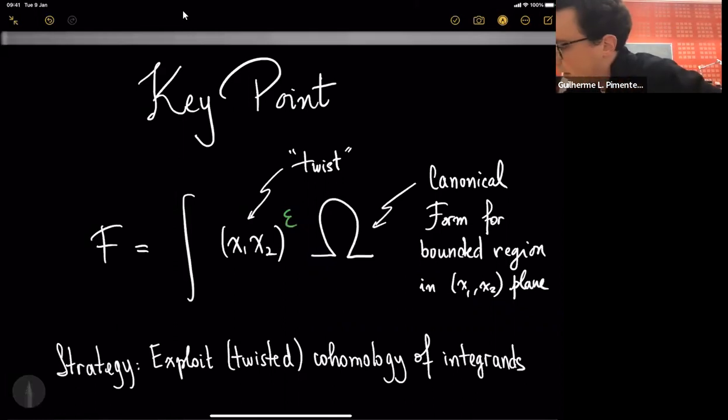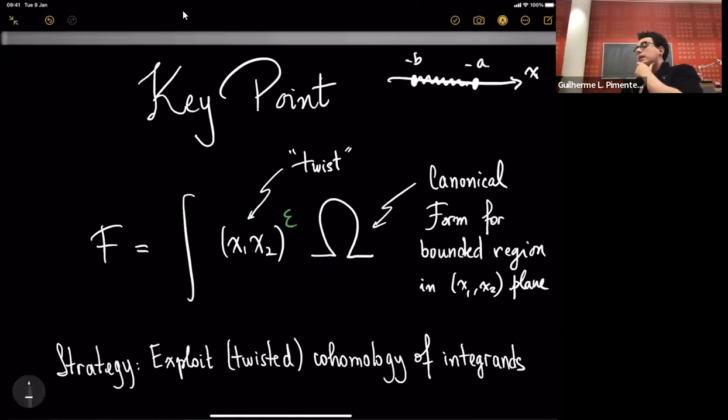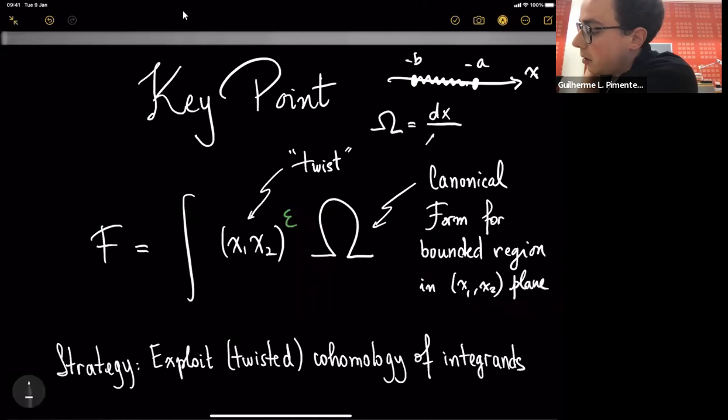As an example, if I have a one-form on an interval that has only 2 singular points, minus a and minus b, and I would like to associate a canonical form to this interval, the canonical form would just be dx over x plus a minus dx over x plus b.